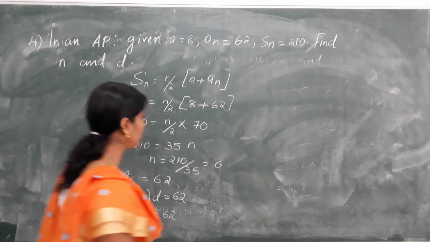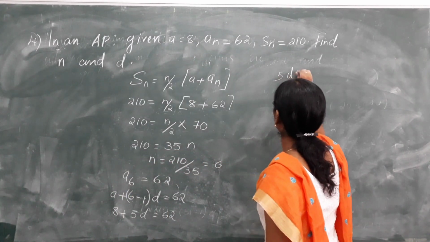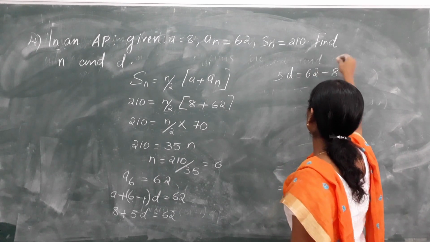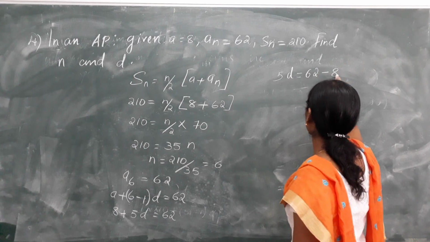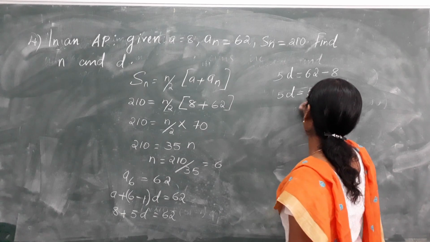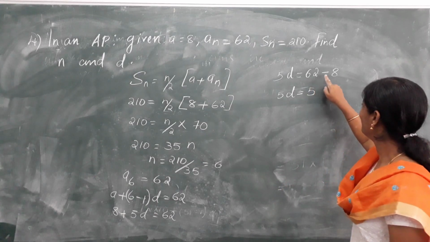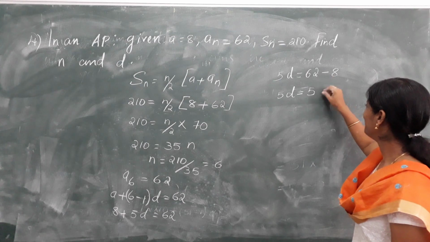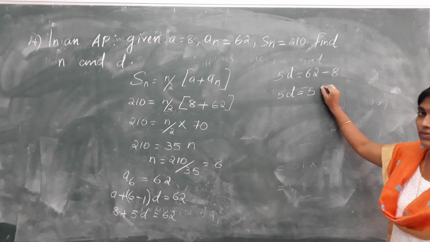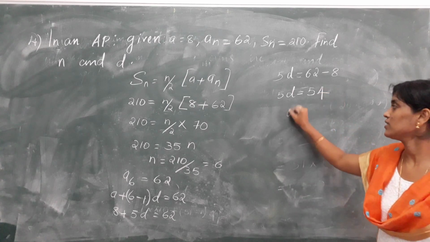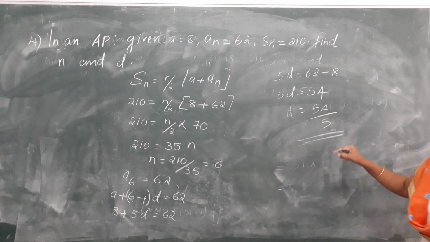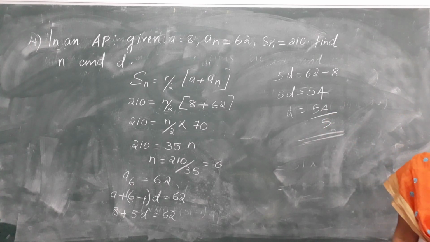So 5D is equal to 62 minus 8, so 5D is equal to 54. So D is equal to 54 by 5. So the common difference D is equal to 54 by 5.